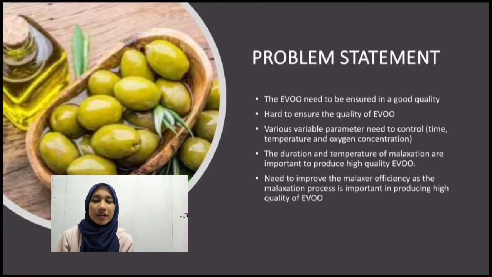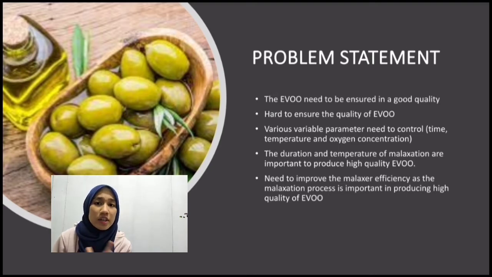Assalamualaikum warahmatullahi wabarakatuh. My name is Nurul Atira binti Maksupri and I will explain the problem statement of our project. So basically, it is common to know that in every process of producing a product, there must be some limitation. In this project, there are some limitations in producing the extra virgin olive oil or EVO during the malaxation process.